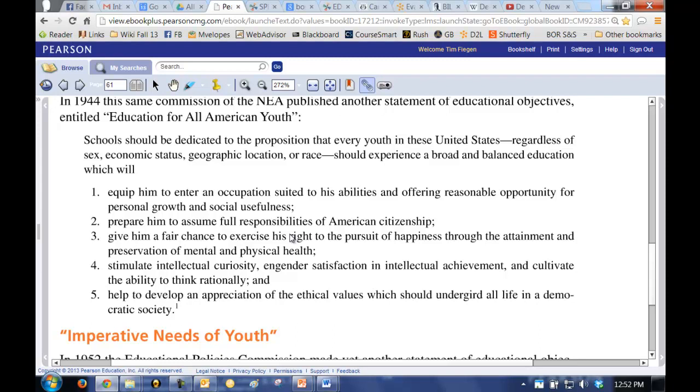Number 1, equipped to enter an occupation suited to his abilities and offering reasonable opportunities for personal growth. Number 2, prepare him to assume full responsibility of American citizenship. 3, give him a fair chance to exercise his right to the pursuit of happiness through the attainment of mental and physical health. 4, stimulate intellectual curiosity and inner satisfaction. And 5, help develop appreciation of ethical values.